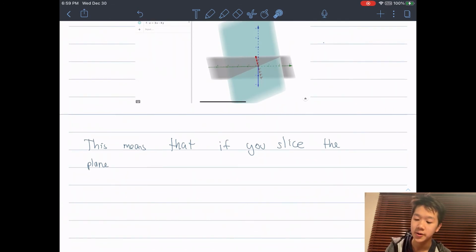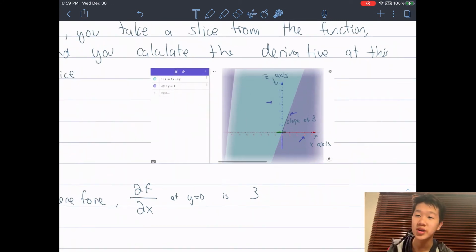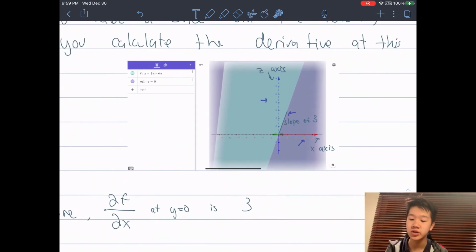You'll see that the intersection, when you keep this constant, when you slice your function with y equals 0, gives us an intersection where the slope is 3. So as you can see, this is the x-axis and this is the z-axis. And as the x-axis augments, you'll see that it's going to have a slope of 3. So this makes sense.